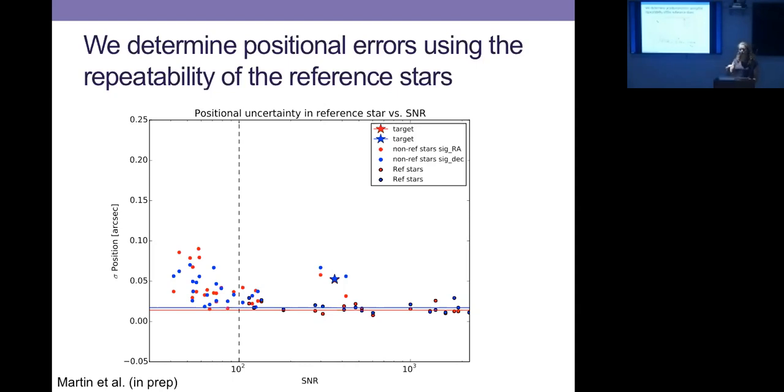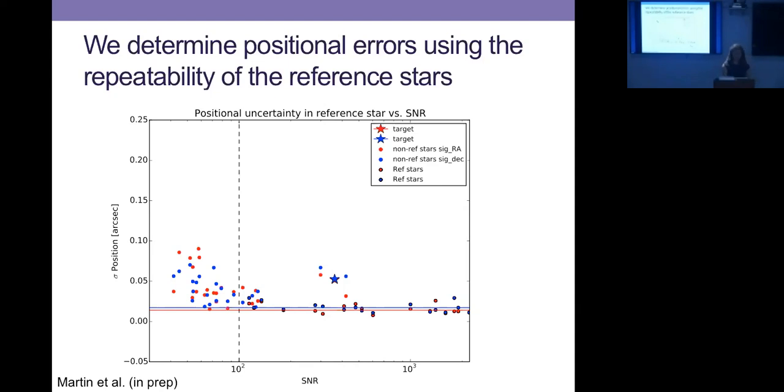And that ranges from about 15 to 30 milliarcseconds, depending on the field of view and how many reference stars there are. And our targets all have very high signal to noises. And so we actually use the estimate of the median here as our positional uncertainty. And so for most of our epochs, we've got positional uncertainties on the order of about 15 milliarcseconds.